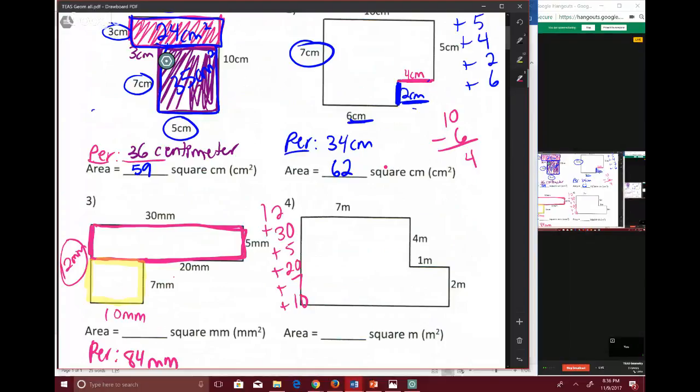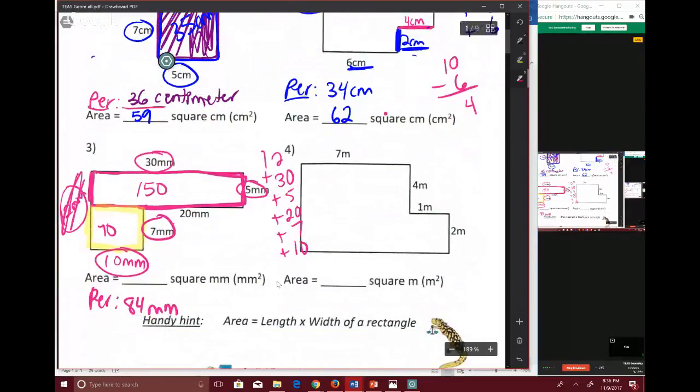And again, I need to make the determination of which sides are most appropriate for each. 12 crosses into both of them. So I'm going to want to use 7 and 10 down here, and that makes 70. Up here, I'm going to want to use 30, and I'm going to want to use 5, and that's 150. So if we add up our 150 and our 70, we get 220 as our area.